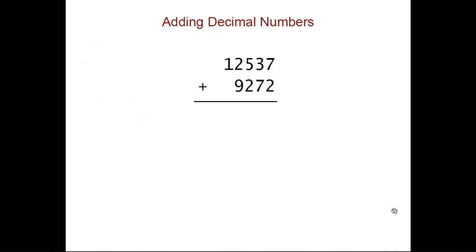Now if we have larger numbers, we're going to add them the same way we would with decimal numbers. We're going to do one place at a time, working our way from the rightmost place to the left. So for example, if we're adding these two decimal numbers, we would first add the things in the ones column, then the tens column, and notice we're getting a carry bit here because 3 plus 7 is 10, so you put the 0 down here and you carry the 1.